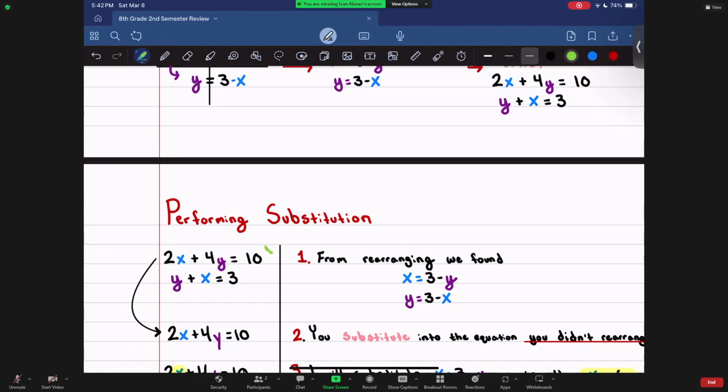There's equation 1 and equation 2, okay? We messed with equation 2 to get these statements over here, right? Those came from equation 2. So when we take these to substitute, we're going to substitute them into this.